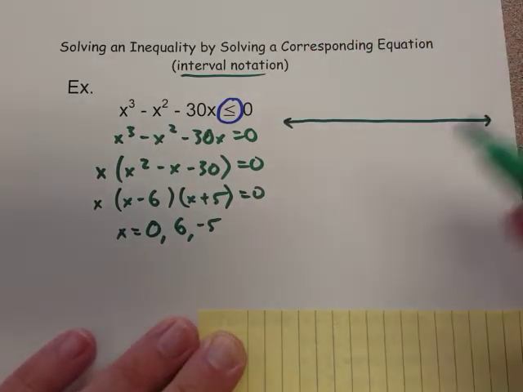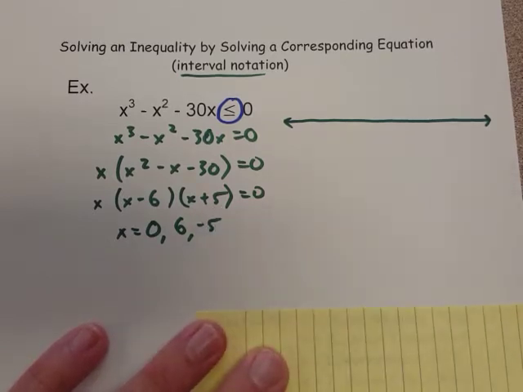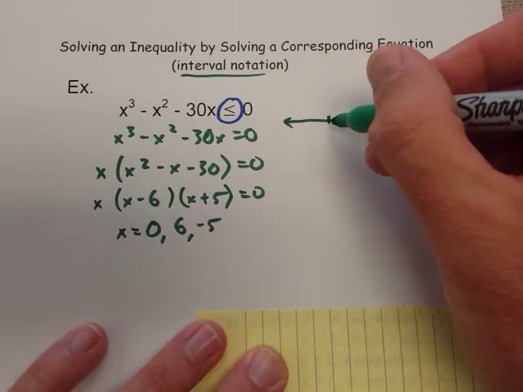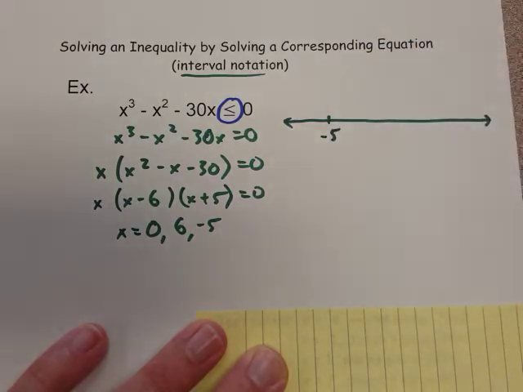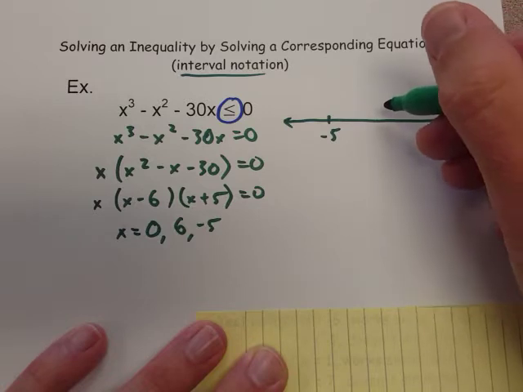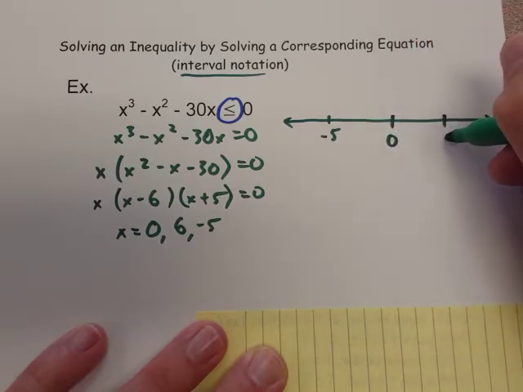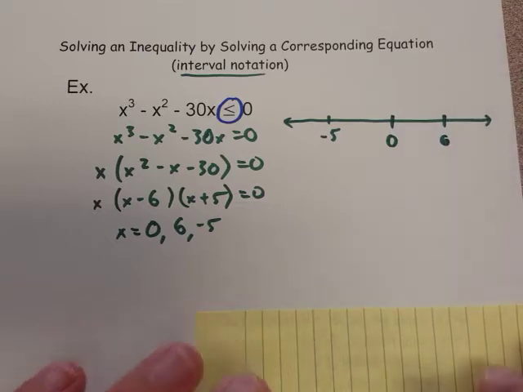What we're going to do with it is, you'll notice these different values, we're going to put these in order from left to right. So I'm going to start with negative 5 right here, because that's more to the left. And then 0's in the middle, and 6 is on the right. And so we're going to use this as kind of a guideline. It doesn't matter that they're not evenly spaced. We're not going for that.